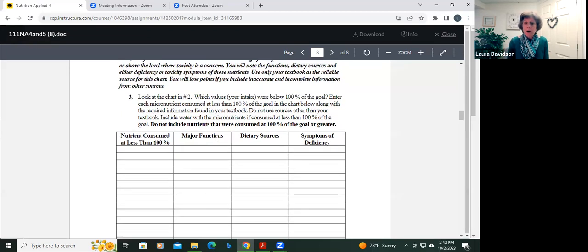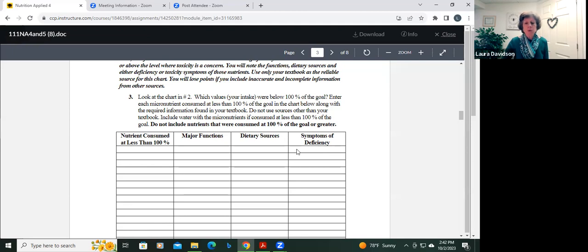Now the harder part. What you need to do is, using your textbook, find out for these nutrients that you're consuming at less than 100% of the goal, the major functions, type them in. I'd say at least 3. The dietary sources, same, give me a couple. And then what are the symptoms of a deficiency? Okay, and be detailed and specific.